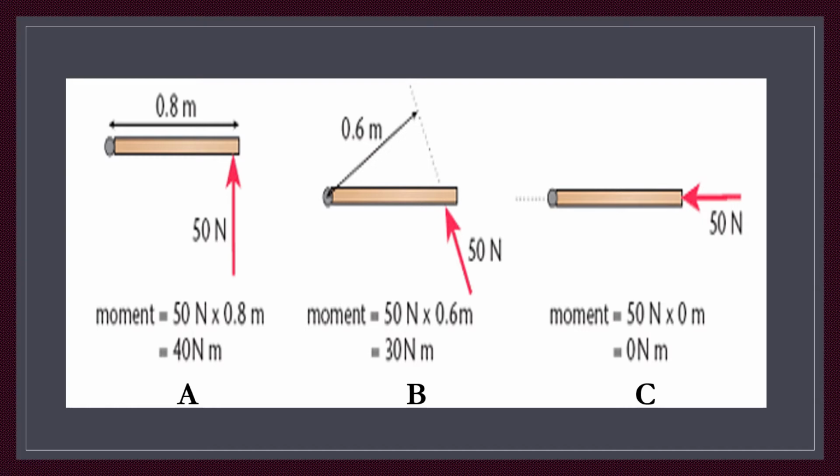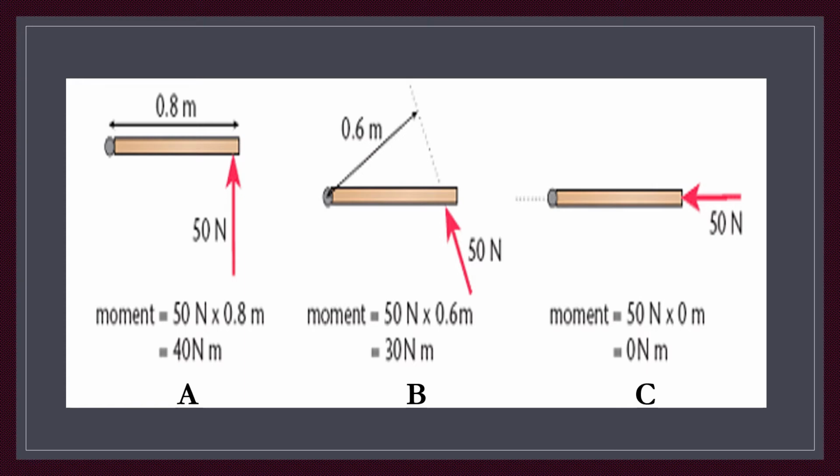Now we will look at question B. Here the force is applied at an angle, so we have to find the perpendicular distance from the hinge. To find the perpendicular distance from the hinge to the force, we have to extend the force with dotted lines.